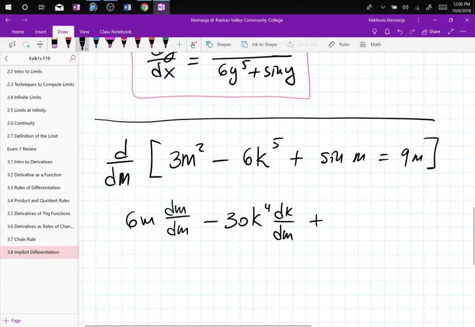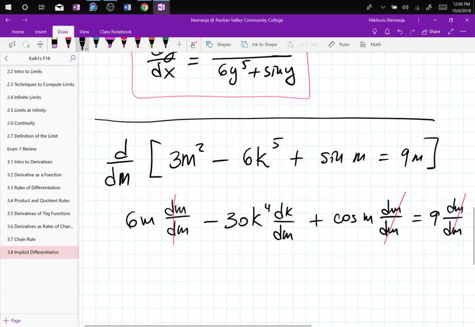Plus the derivative of sine is cosine m. I took the derivative of m with respect to m. Is equal to the derivative of 9m is 9, and I took the derivative of m with respect to m. And then you say, anytime I have dm over dm, they cancel. Kill, kill, kill. There we go.